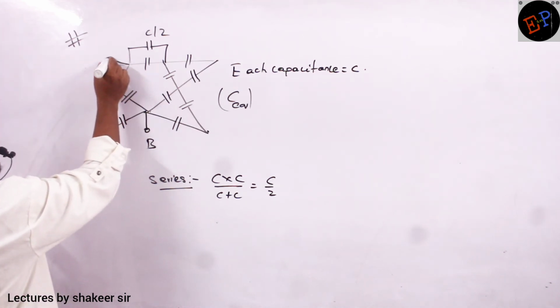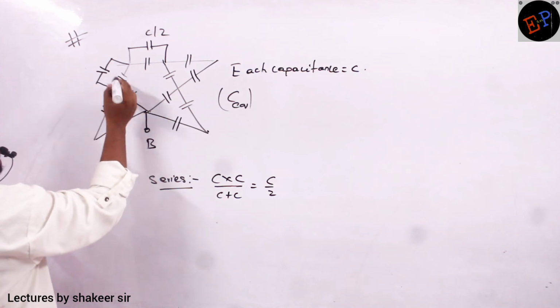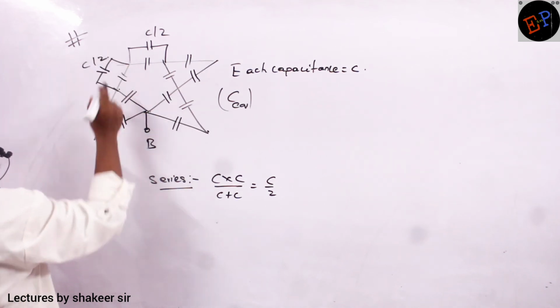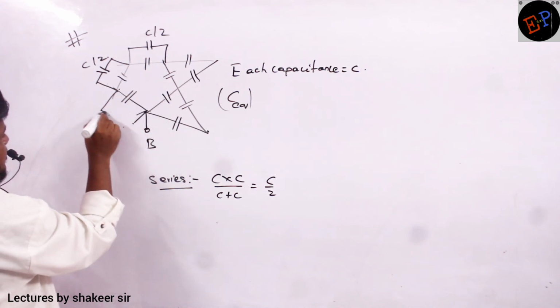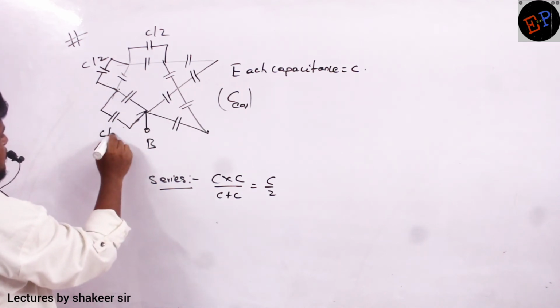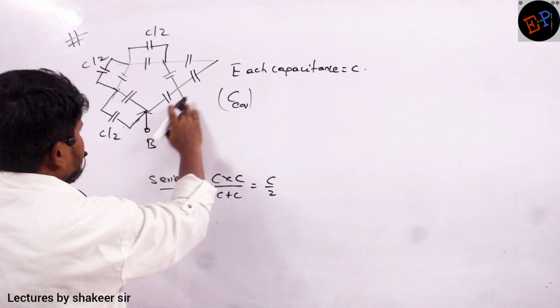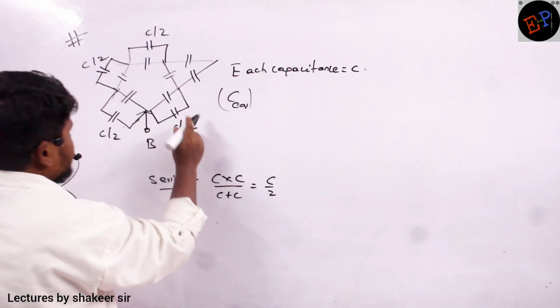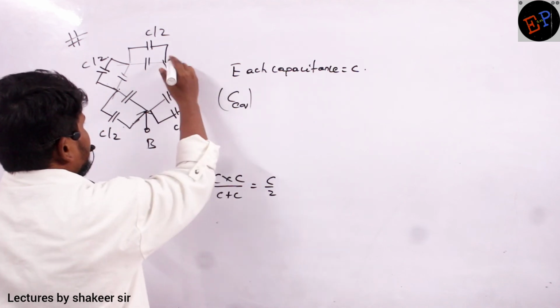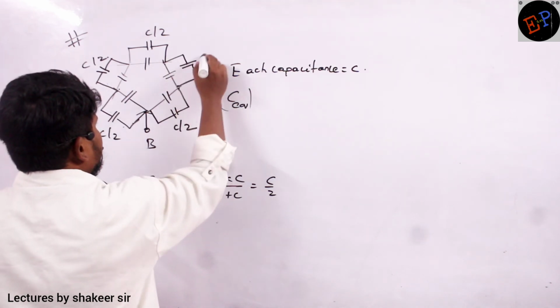Here also, this one and this one, instead of this I can write C by 2. And here also, instead of these two, I can write an equivalent capacitance of C by 2. Here also, instead of two capacitors, I can write a single capacitor of capacitance C by 2. Here also I will replace C by 2.